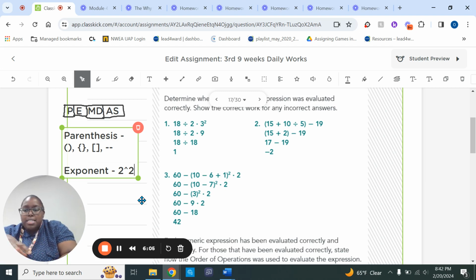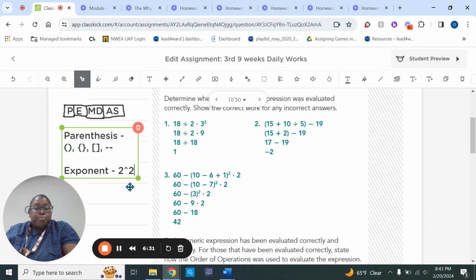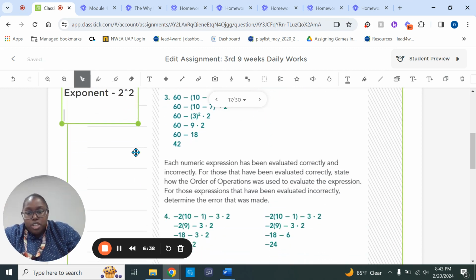And then you have the base of a power. Powers have 2 parts: you have the base and you have the exponent. The exponent is just letting you know what to do. I think they called it exponent instead of power because they didn't want 2 P's in a row, because actually you're doing a power. You're taking a base, using the exponent that goes with it to figure out a value. But exponents are next, and you solve them from left to right. Then you have multiplication and division.